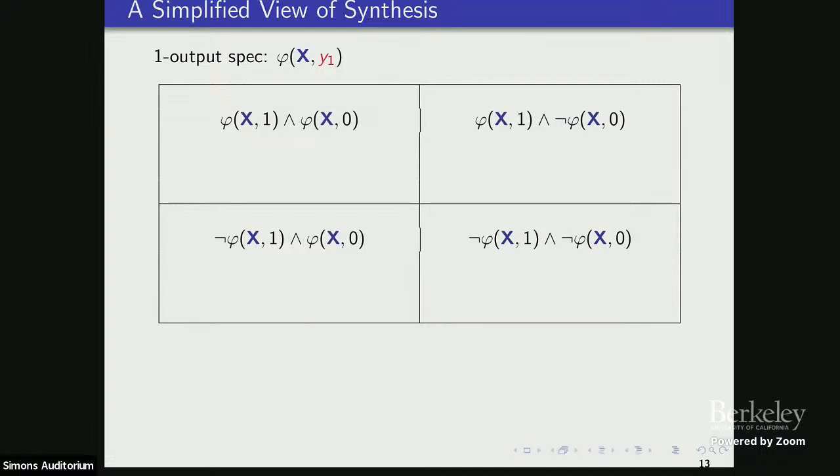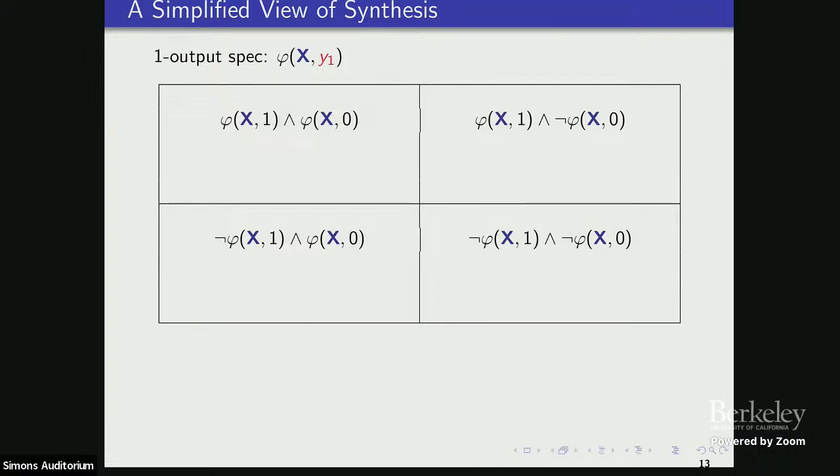Let's say this big rectangle denotes the set of all possible assignments to X, the inputs. So I can divide this space into 4 parts, depending on whether phi of x1 is true or false, and phi of x0 is true or false.